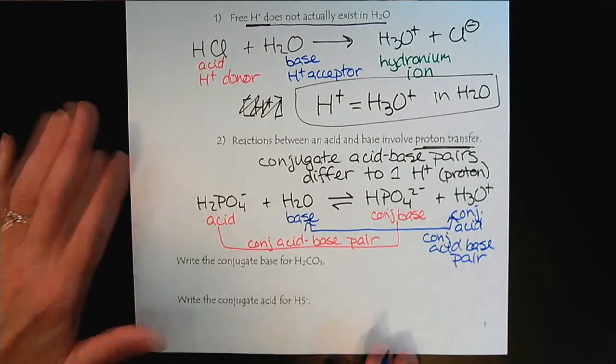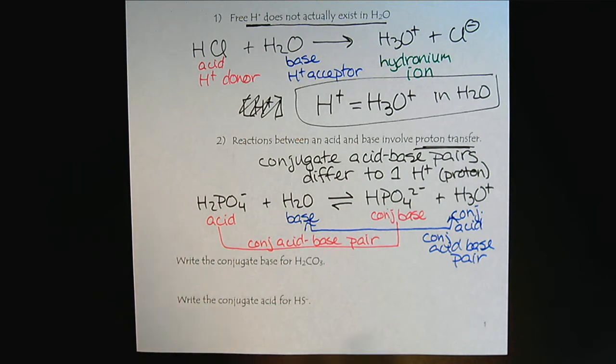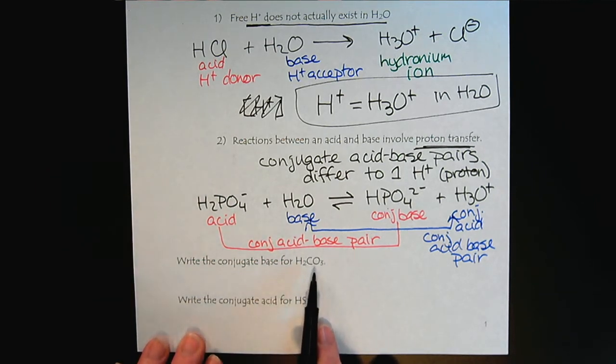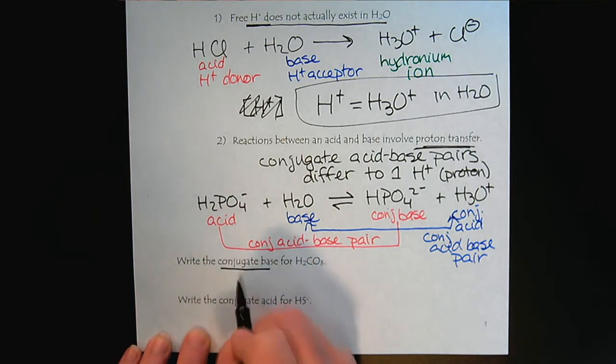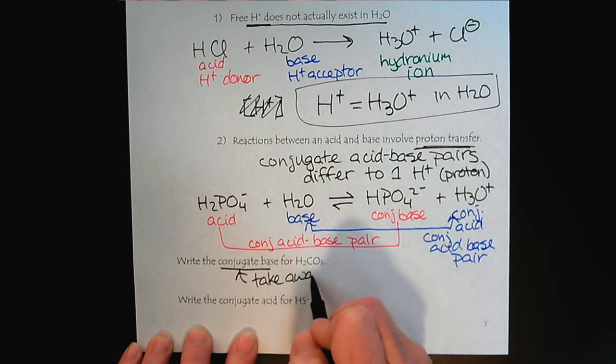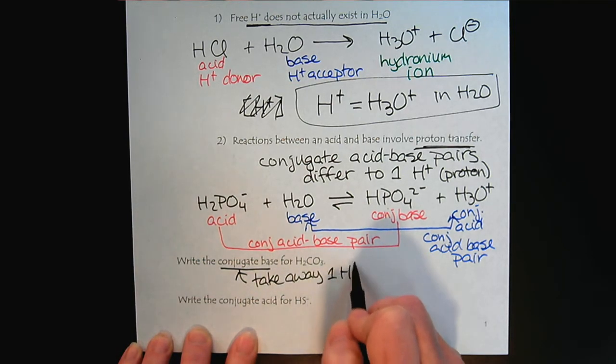To build your skills, now that you have a context for the definition of conjugate acids and bases, let's write the conjugate base for carbonic acid. Anytime we write the conjugate base, we take away one hydrogen ion.